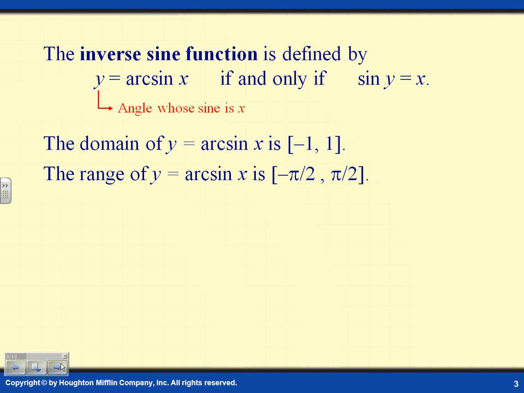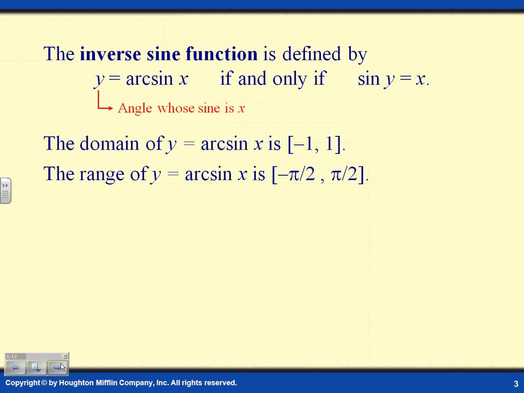Notice how those all went away. Sorry. The domain. Remember we said earlier that the domain of our sine function was from negative pi over 2 to pi over 2, and that the range of our sine function, that snippet, was from negative 1 to 1? And we said that the inverses do what? They swap.